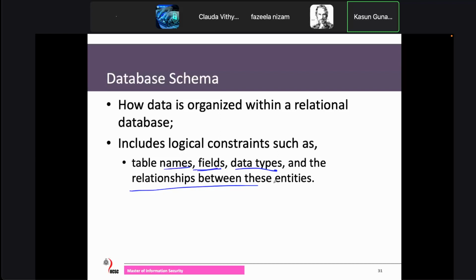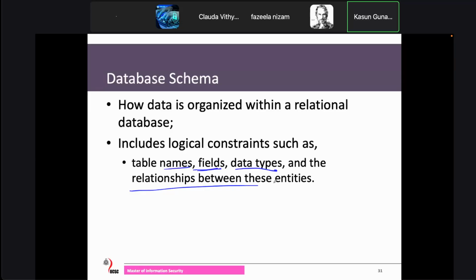The other term is database instance. It is a sample of data from a database at a single moment in time.